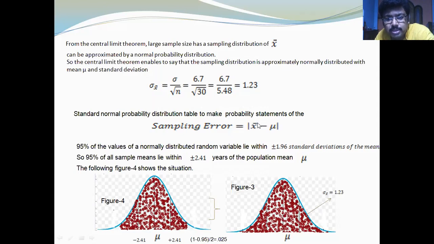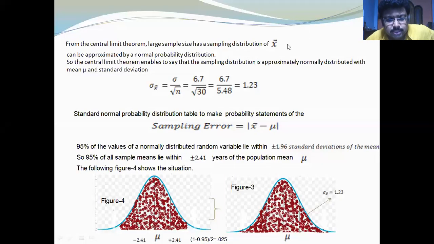We can get the sample mean by a simple formula, the summation of xi divided by the total number, but it is the point estimation. So this is the sampling error.